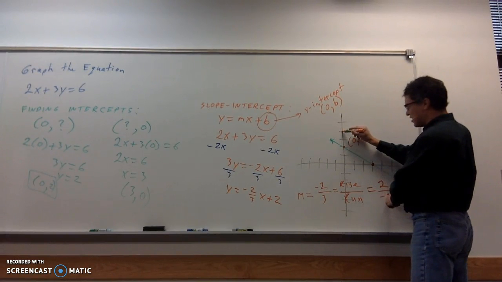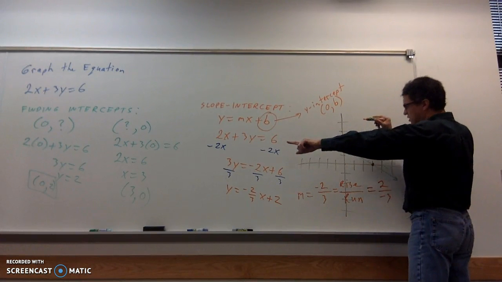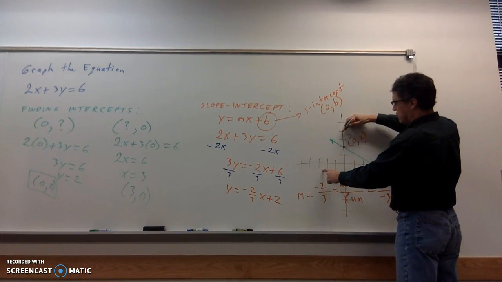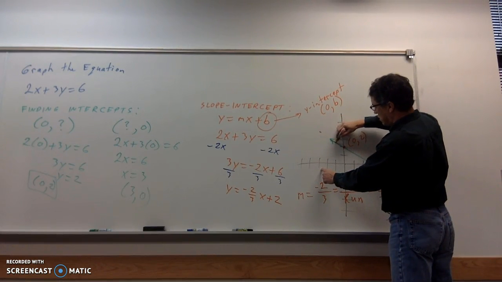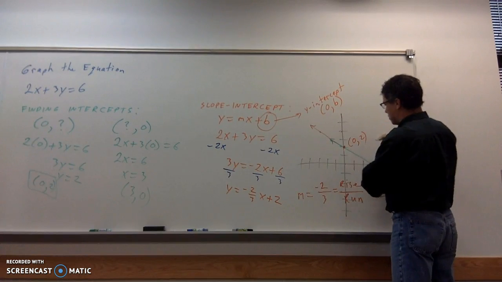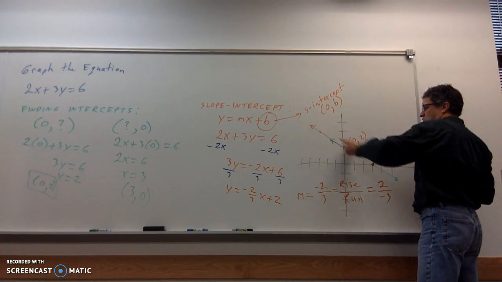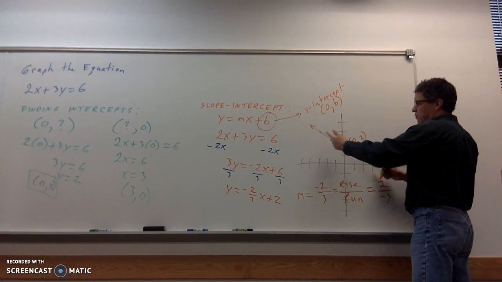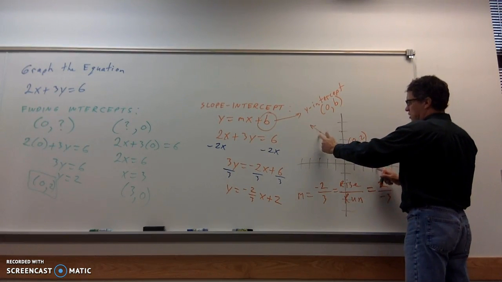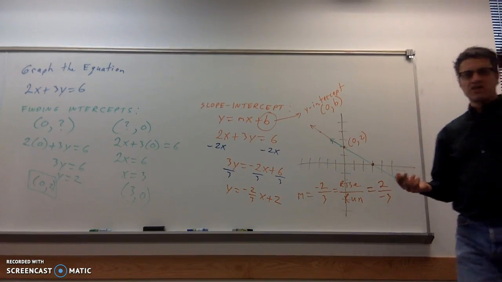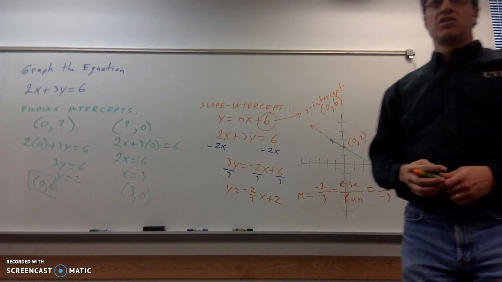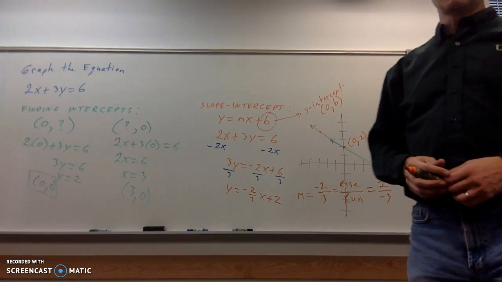And my run is a negative 3, which means move to the left. So I'm going to move to the left 3 units. 1, 2, 3. So it's still collinear, right? These points are all still within a line. I just found my 2 points off the y-axis a little bit differently based off of wherever the sign was located on my slope.